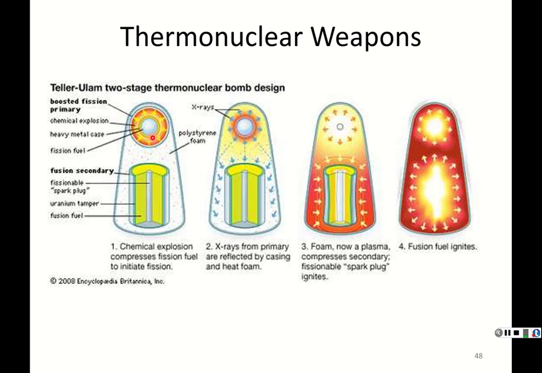You use that to ignite a secondary phase, and the secondary phase is very small molecules, first starting with hydrogen and deuterium, and that's why these are called hydrogen bombs. You're using a normal old school atomic bomb to start a fusion reaction. So you're using a fission reaction to start a fusion chain reaction that's out of control.